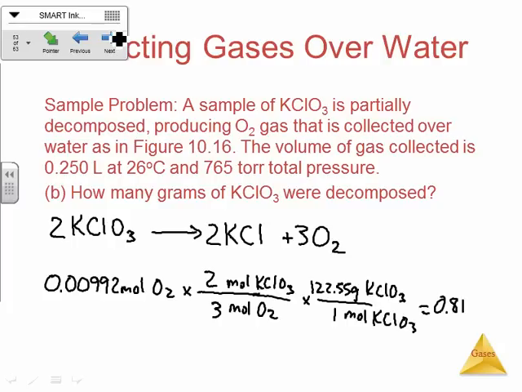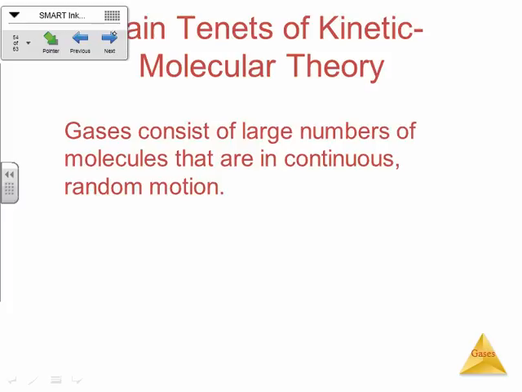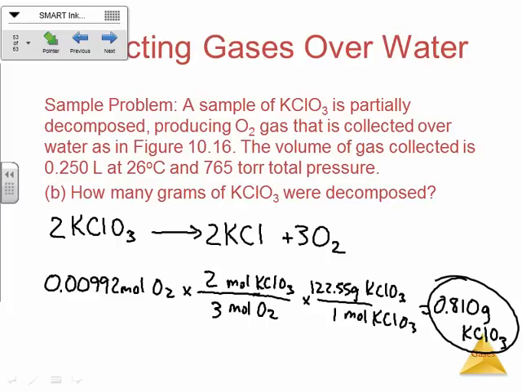Once again, it looks like we're working with 3 sig figs here, so 0.810 grams of KClO3. All right, and there it is. And that's very similar to the type of calculation you're going to be making on the lab that we do on Thursday.